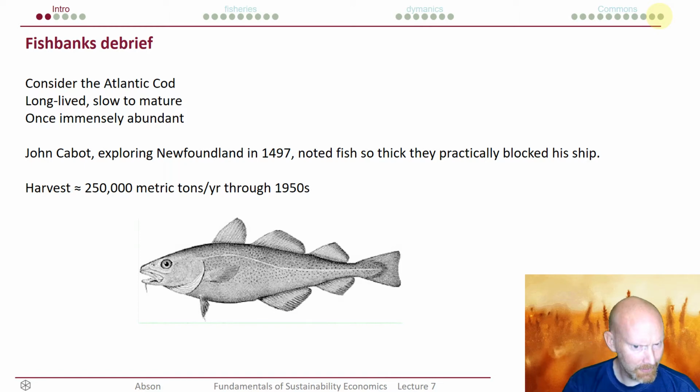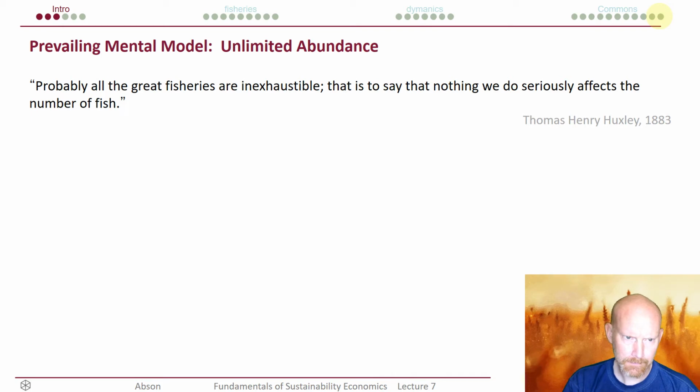And up to the 1950s, the harvest in the Newfoundland fisheries was something like 250,000 metric tons per year. And fishing in these open ocean fisheries followed this prevailing mental model of unlimited abundance.